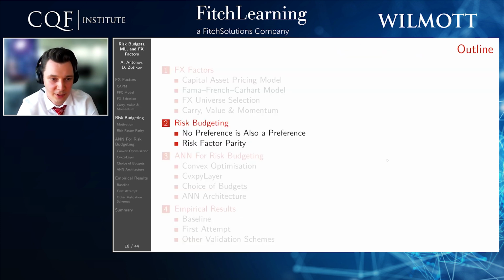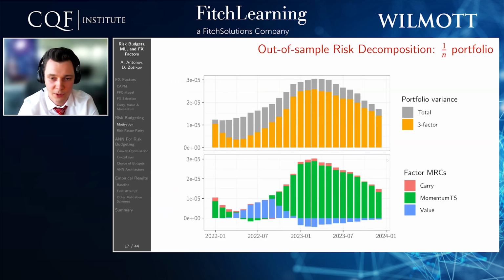Now, okay, but now we turn to the risk budgeting framework, and why would we want to do that? And here's a picture that I wanted to show you that highlights the importance of controlling risk exposures for different factors. Now, here we are having a risk profile for the 1/n portfolio.